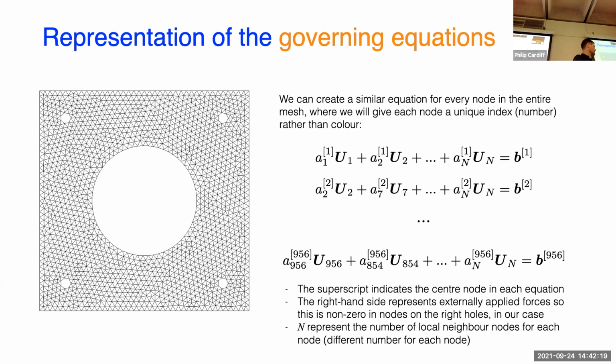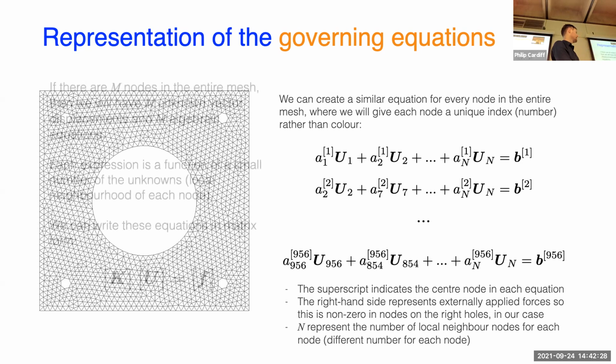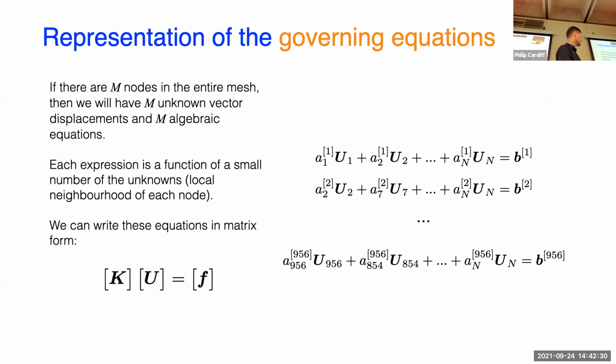Once you set all that up, you can solve that system. You can write that in a matrix form, which I'm calling K here, and then U are your unknown displacement vectors, and anything on the right hand side you call F.